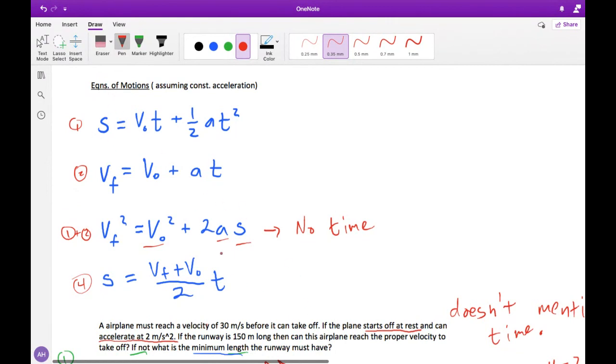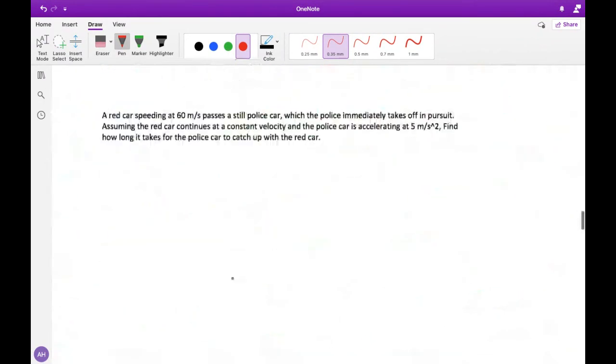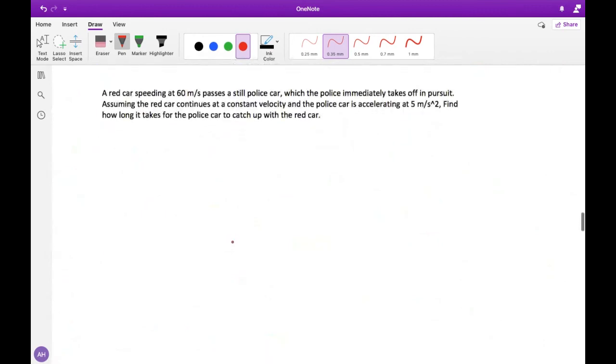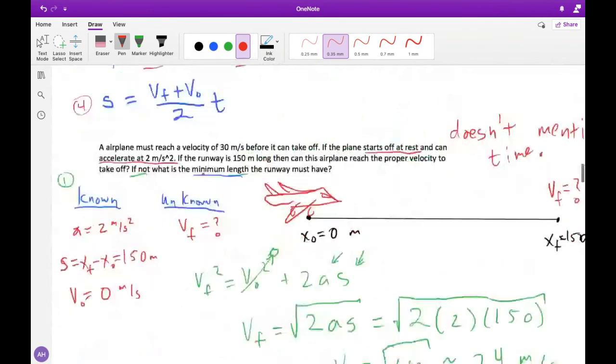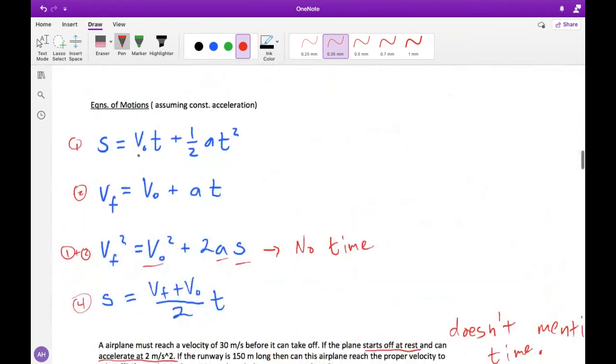Now in our problem, I didn't mention anything about the displacement or how far this stone is going to travel. So it's not going to be equation 1 or 4, because those are the equations that include displacement. If we look at equation 2, this one should work out perfectly for us.